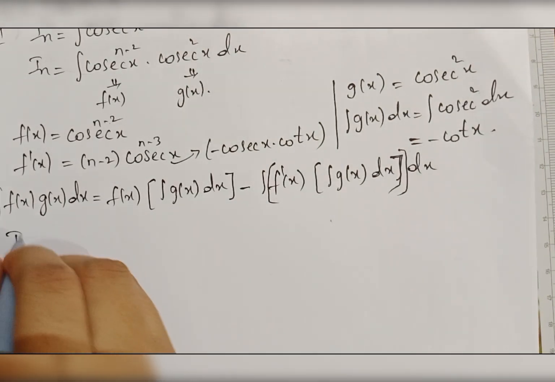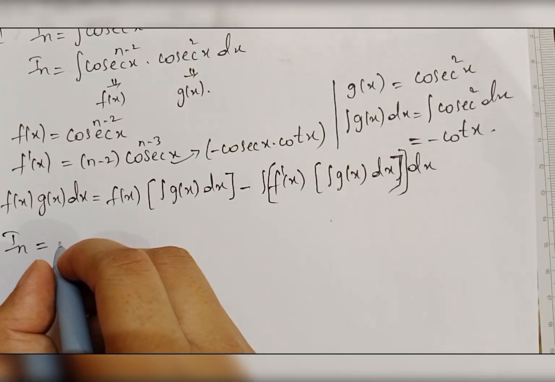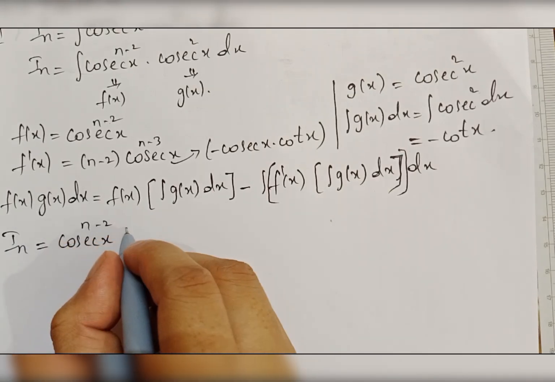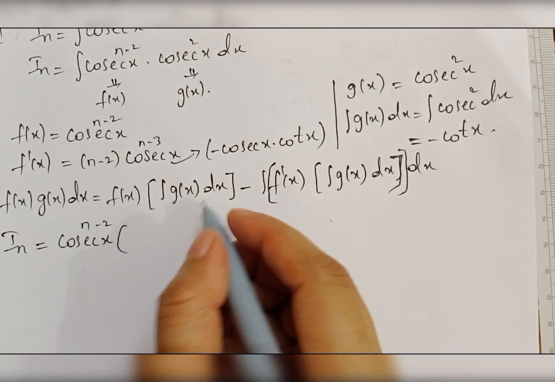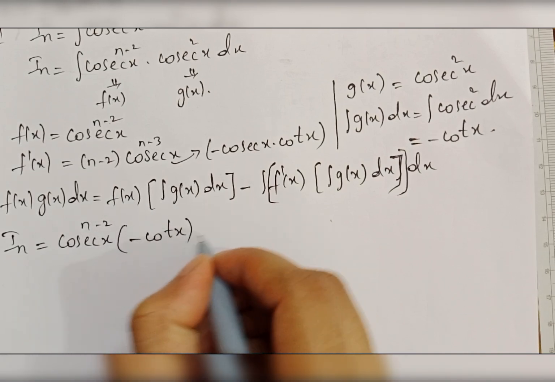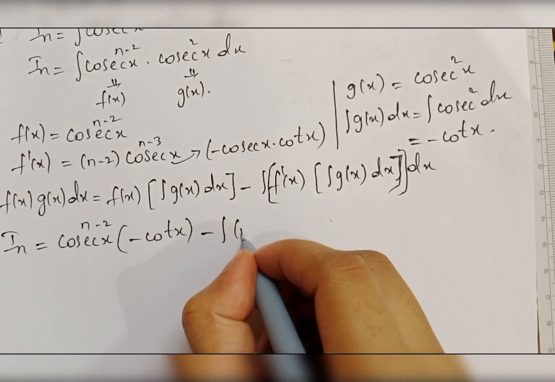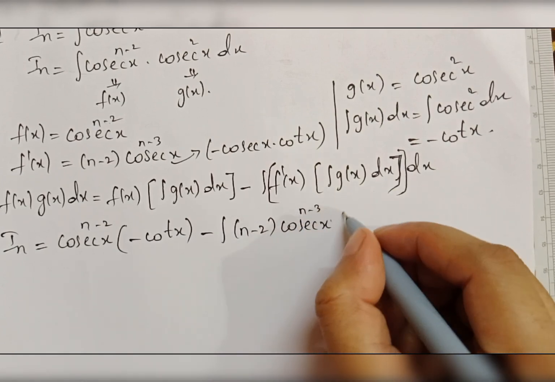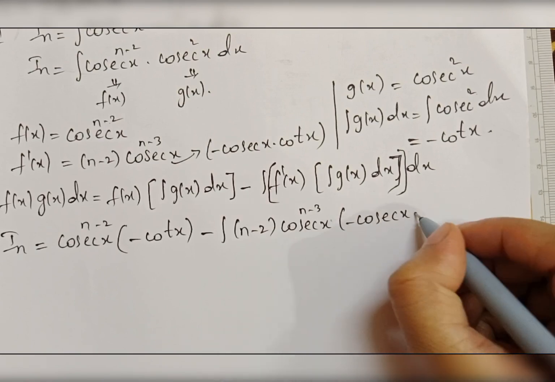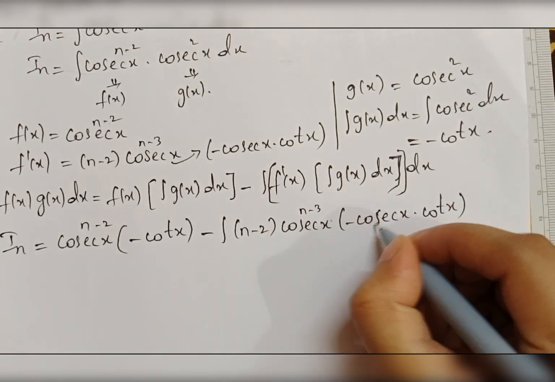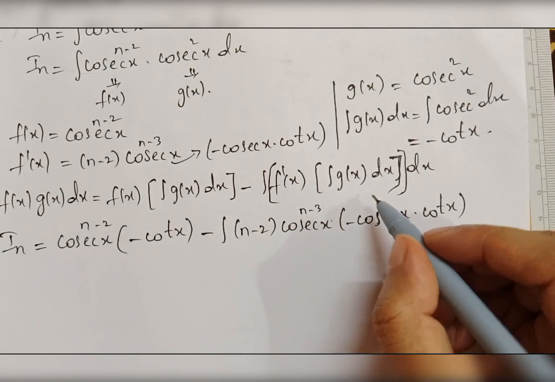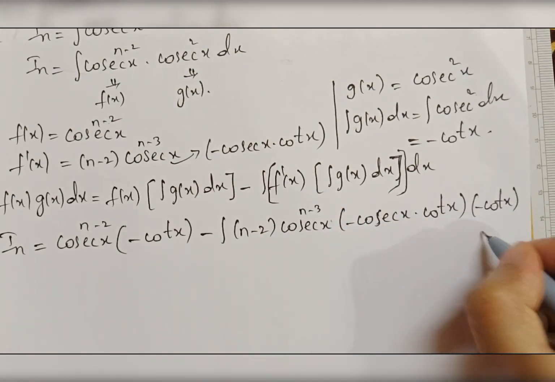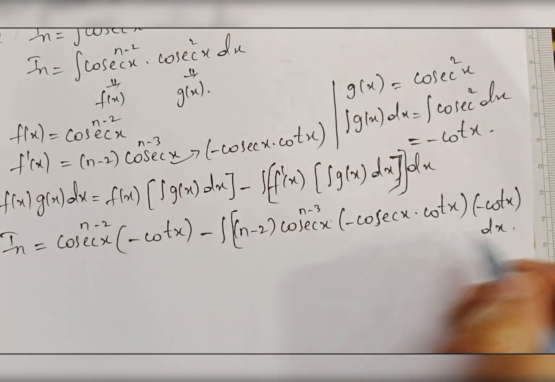Now substituting the values, I_n is equal to f of x, which is cosecant x power n minus 2, into integral g of x, which is minus cot x, minus integral of f dash of x value, n minus 2 into cosecant x power n minus 3 into minus cosecant x into cot x, right? And again integral g of x value is minus cot x, into whole dx.